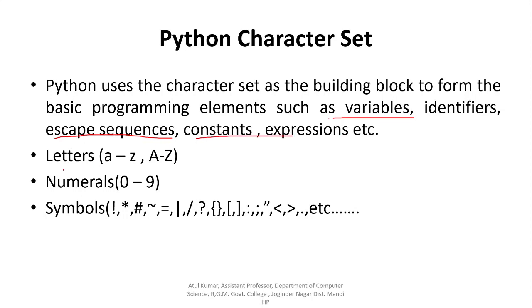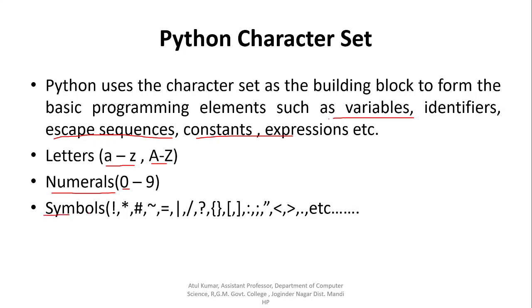The letters used in Python are small a to z and capital A to Z. Similarly, we have numerals from 0 to 9. These digits are used in the Python character set.